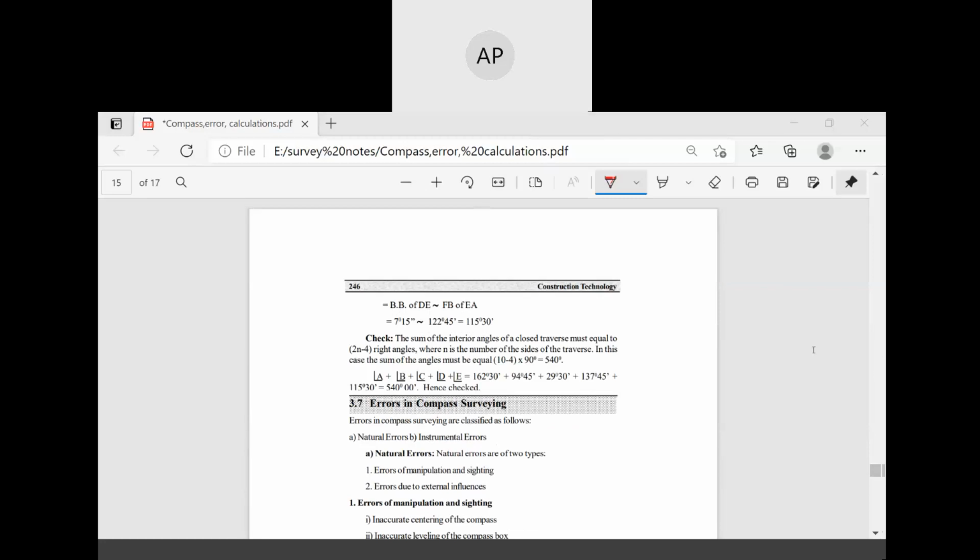Least count of a prismatic compass is 1 degree.